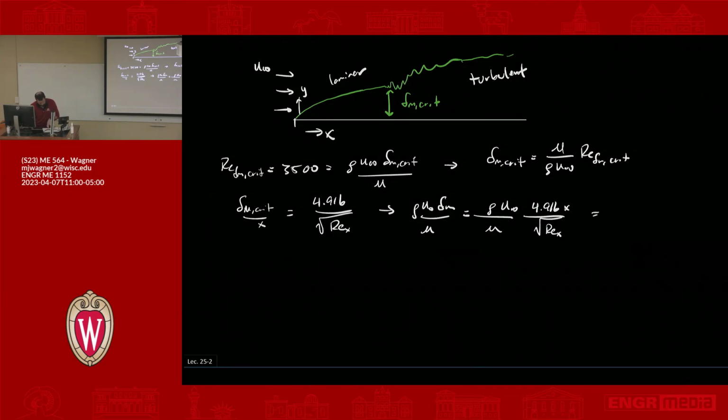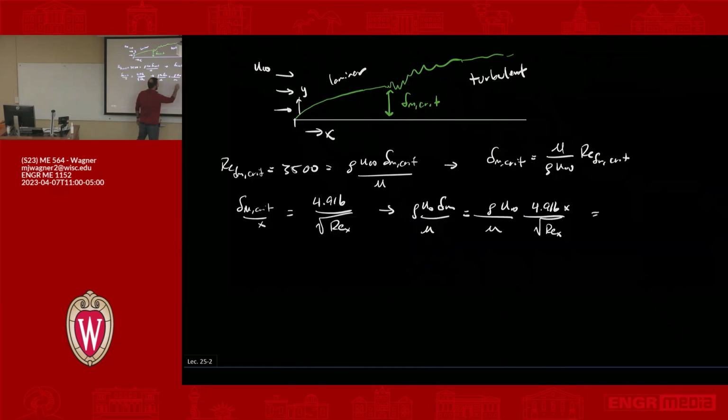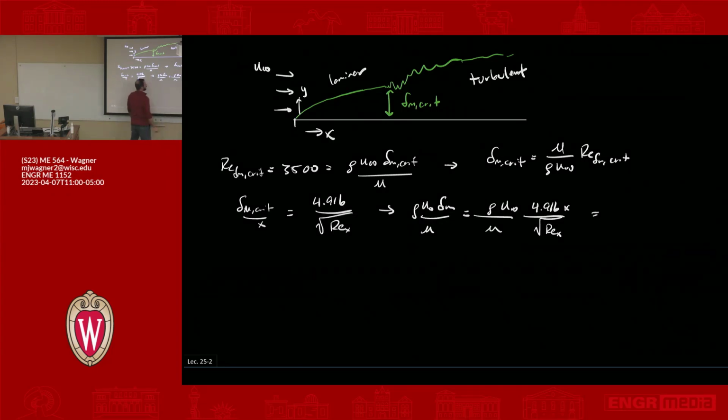So simplify this. We have a Reynolds number here, rho u infinity x over mu, that's Reynolds x, over the square root of Reynolds x, times 4.916. And that just simplifies down to 0.041 times the square root of Reynolds x.